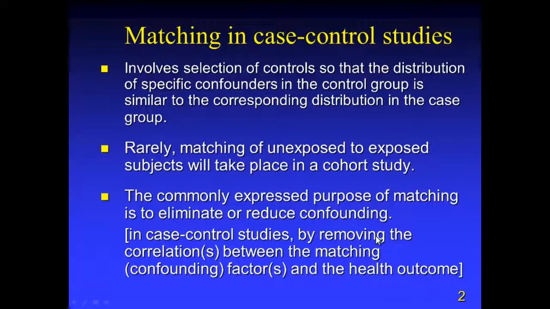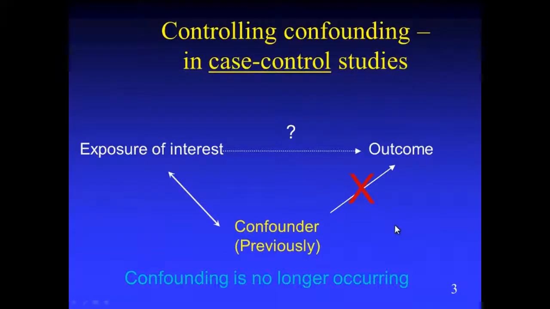The commonly expressed purpose of matching is to eliminate or reduce confounding. And it does this in case control studies by eliminating the relationship between the confounding factor and the health outcome. You've seen this slide before.